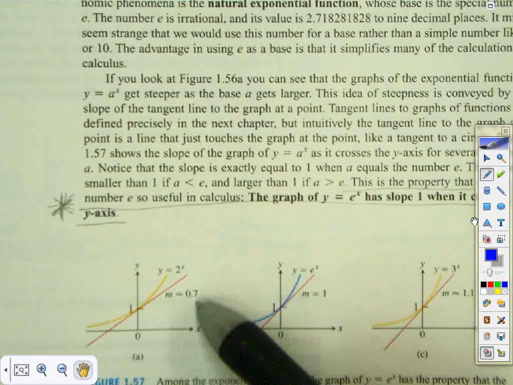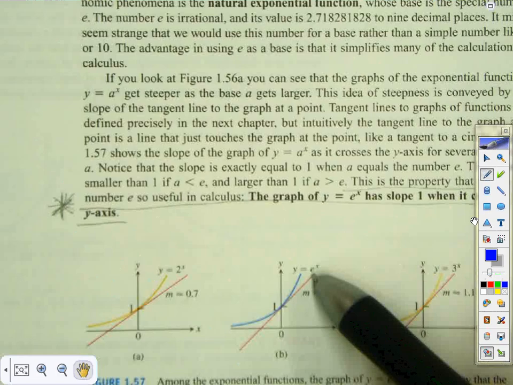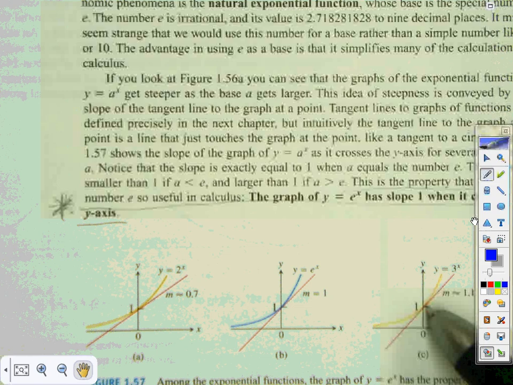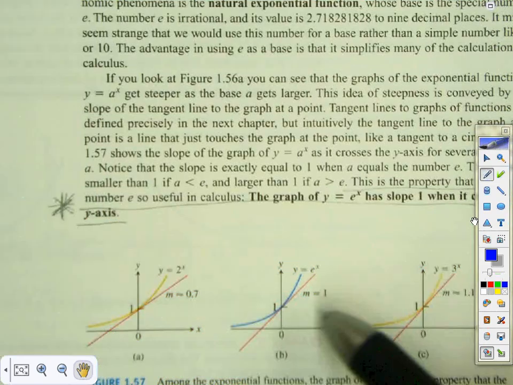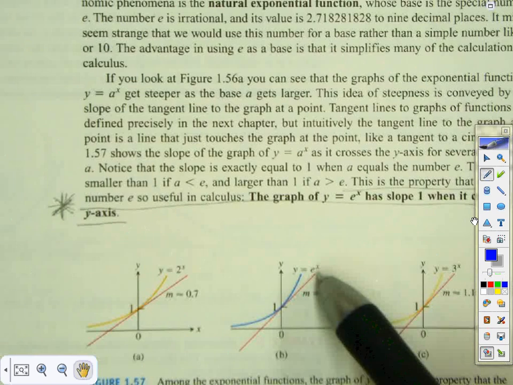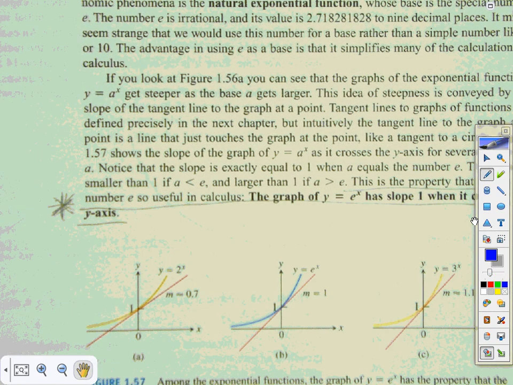Here your base, your slope line at 1. Here your base is a little bit, so the slope at the y-intercept is 1.1 about. So the slope of that tangent line being 1 when the base is e is what makes calculations with e.